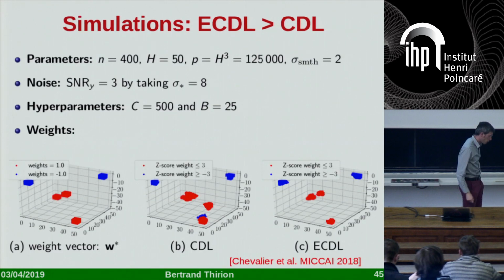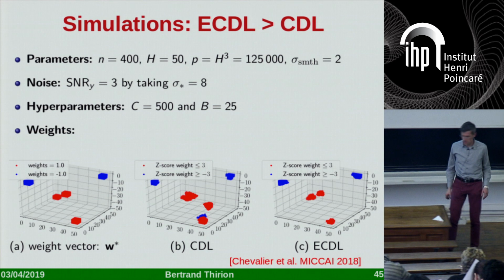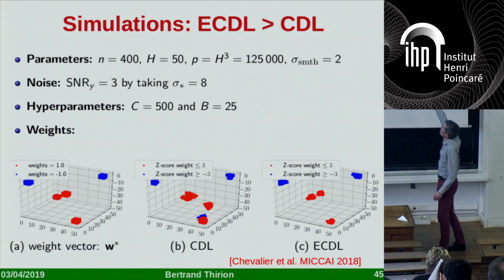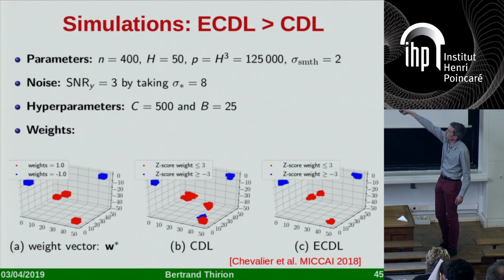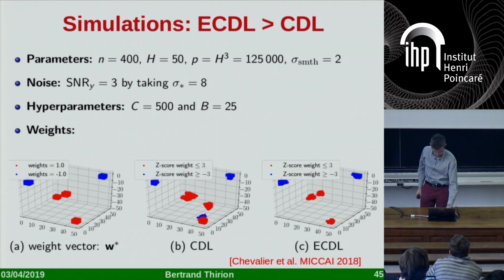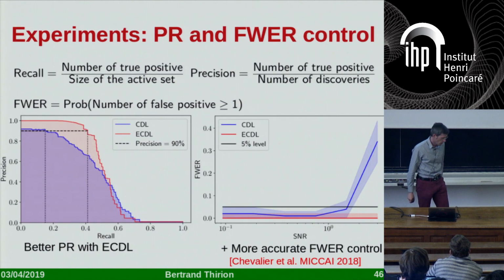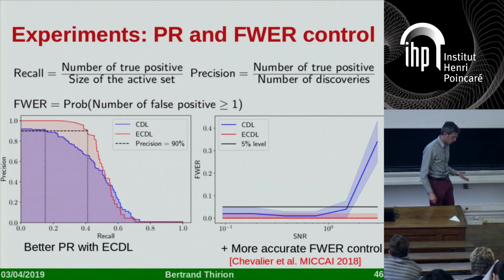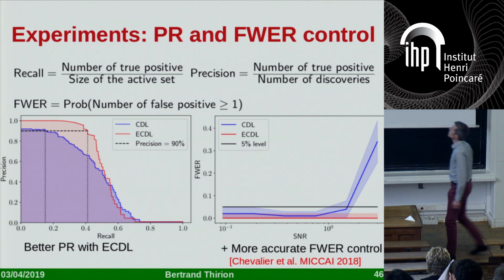We have, of course, controlled that on a lot of simulations using cubic brains with 5 regions positively or negatively activated. And we observe that the ensemble of clustered Desparsified Lasso tends to recover quite well the informative regions, much better than the clustered Desparsified Lasso. And we can quantify this with precision recall curves. It's indeed much better.